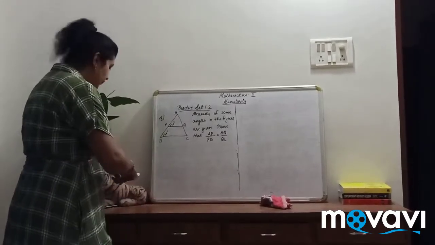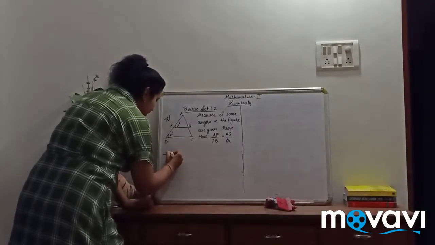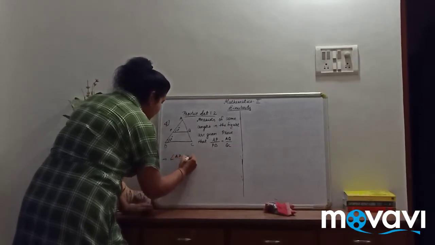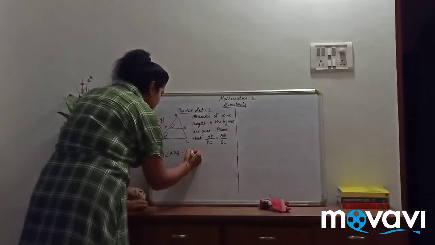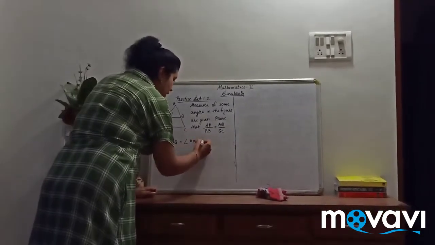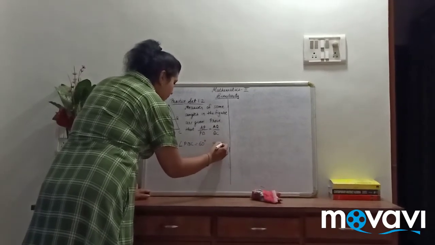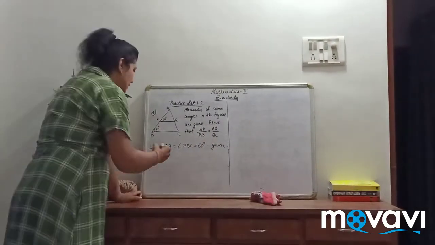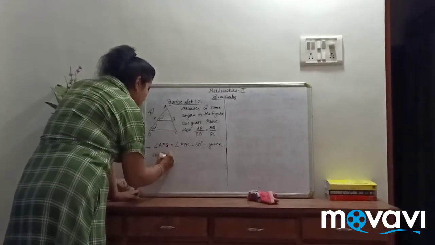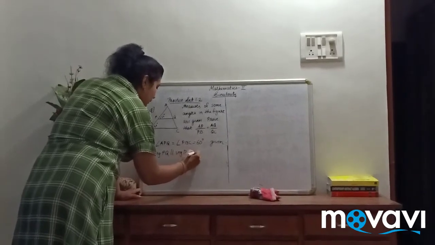Just see. First thing is, we'll write that angle APQ is equal to angle PBC, or APC, whatever, is equal to 60 degrees. This is given. Okay. So if this is given, you can directly write segment PQ is parallel to segment BC. Why?